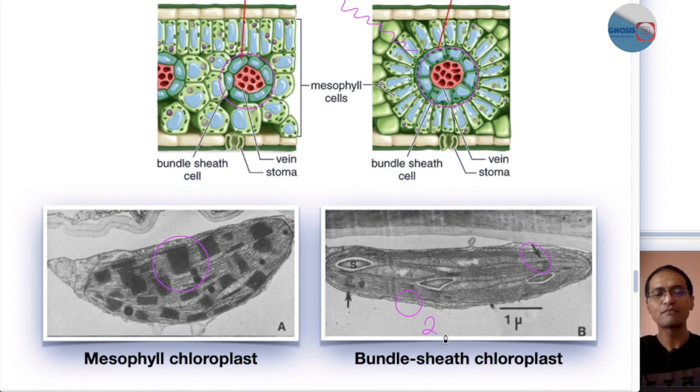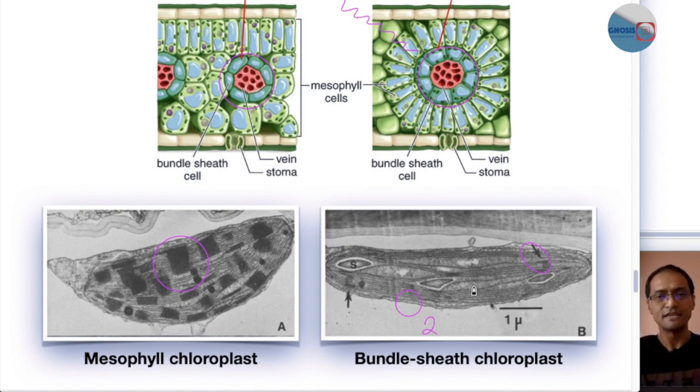And when you do not have production or evolution of oxygen, then this tissue is oxygen deficient compared to the chloroplasts that are found in the mesophyll cells, where you have the light-dependent reaction of photosynthesis generating oxygen as a byproduct. So when you compare the two types of chloroplasts, the mesophyll cell chloroplasts will have higher concentrations of oxygen compared to the bundle sheath cell chloroplasts, which are oxygen deficient.